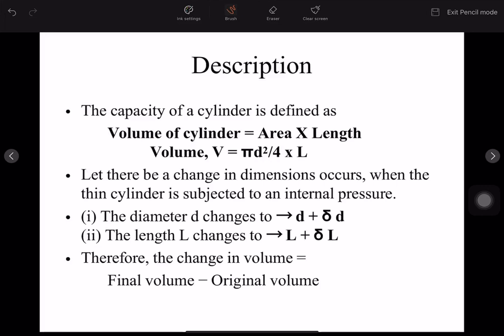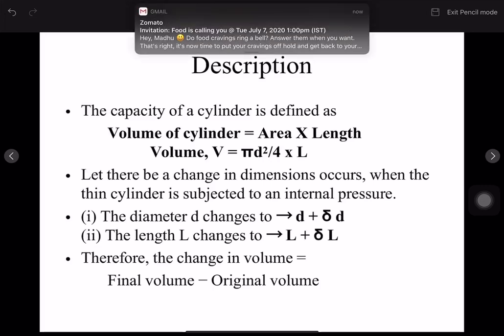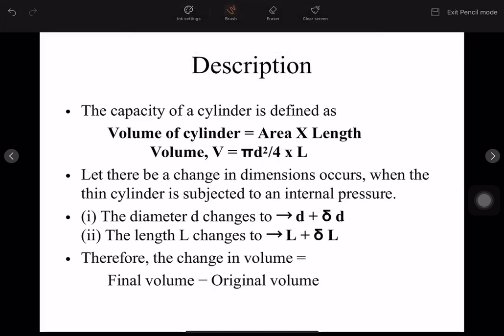If we go into the description of the volumetric strain, the capacity of a cylinder is nothing but volume. As you all know, volume is equal to area into length.